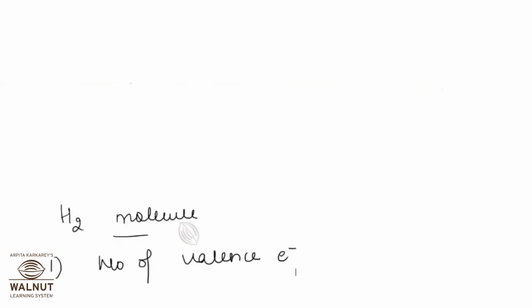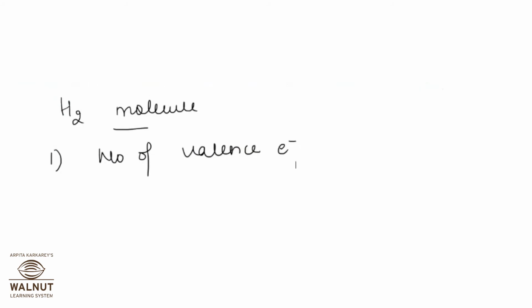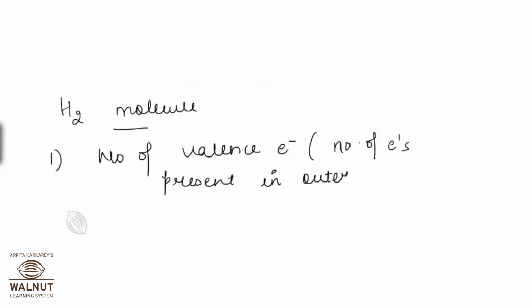So we are going to start with the formation of the hydrogen molecule, which is the simplest molecule. Now, whenever you are told to draw a Lewis dot structure, what things do you have to keep in mind? You should know the number of valence electrons, which is the number of electrons present in the outermost shell. Valency and valence electrons are two different things.